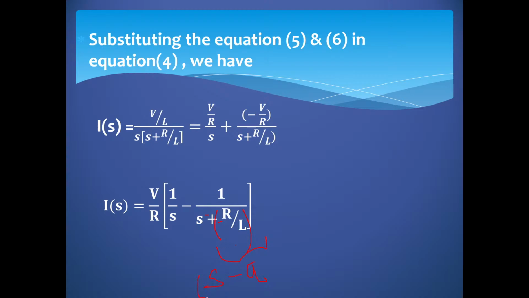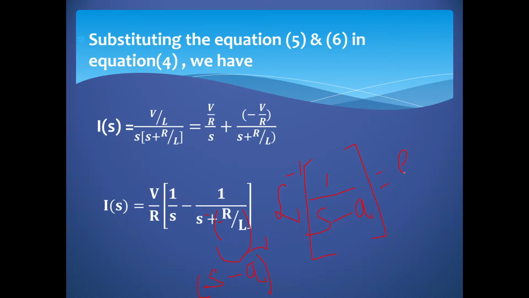1 divided by S minus A. What is A? A is equal to minus R by L. So what is the inverse Laplace of 1 by S minus A? Inverse Laplace, what do you get?